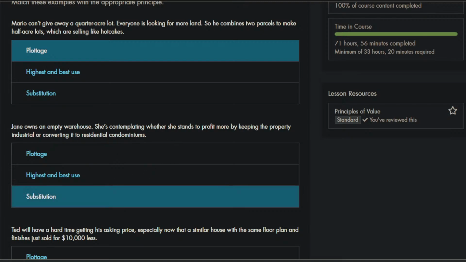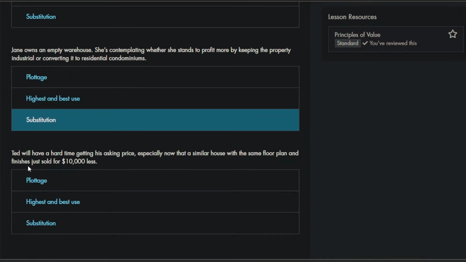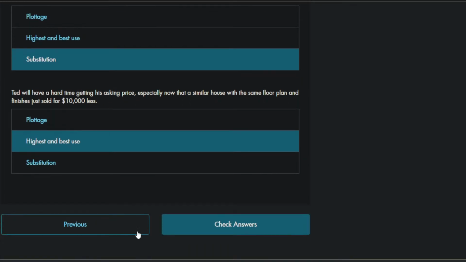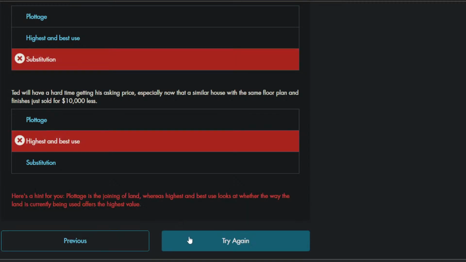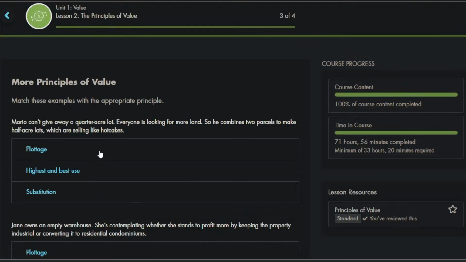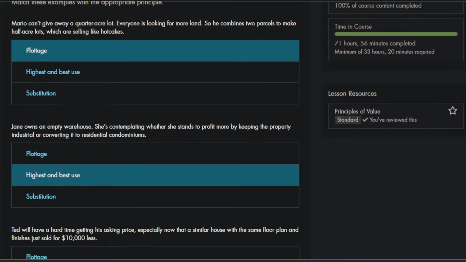So substitution, huh? Ted will have a hard time getting his asking price, especially now that a similar house with the same floor plan and finishes just sold for $10,000 less. I don't know. No, I just did that wrong again, didn't I? Okay. So this is highest and best use.